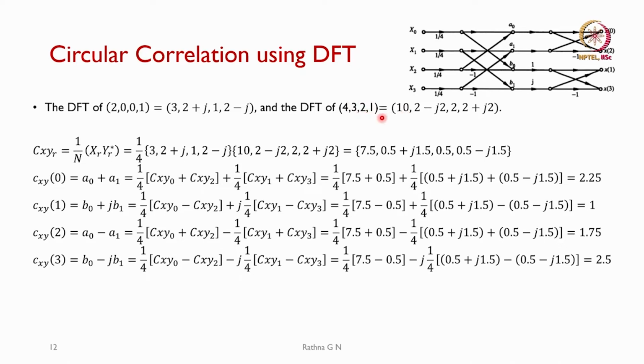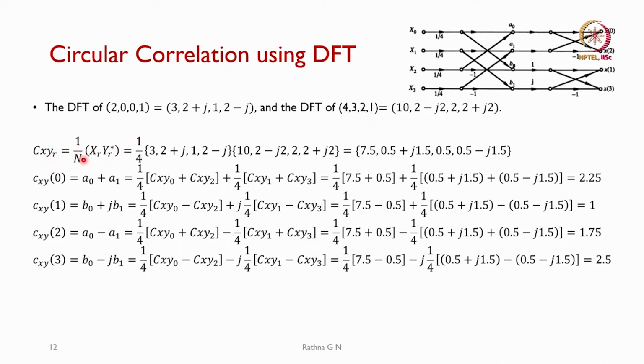In this case, we have assumed that we have calculated it previously, and we are using those values, which give us 10, 2 minus j2, 2, 2 plus j2. So, these are the DFT of 4, 3, 2, 1.